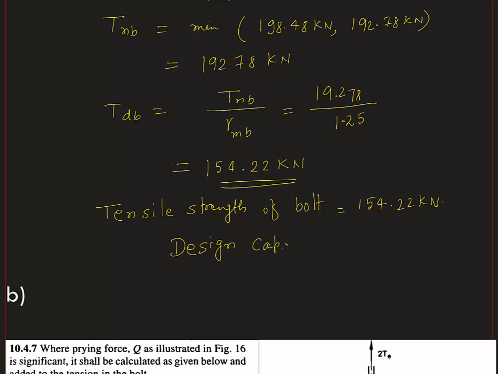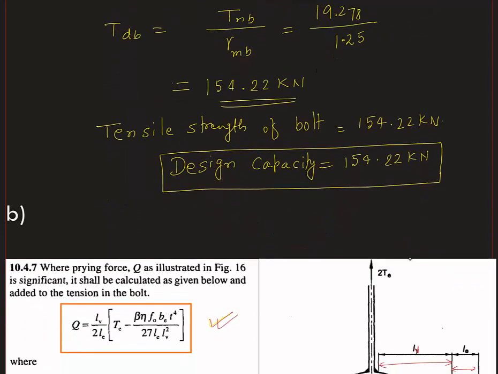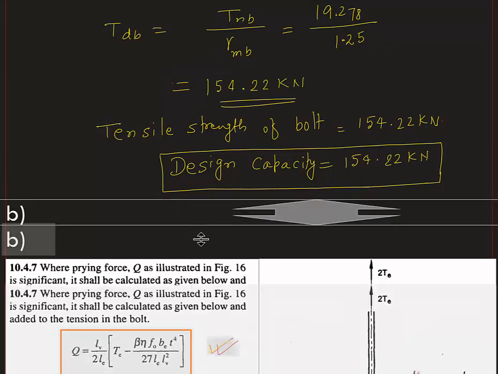So the capacity of this bolt is equal to 154.22 kilonewton. So this bolt can take a maximum of 154.22 kilonewton if it is under tension. So this is the maximum force that it can take.